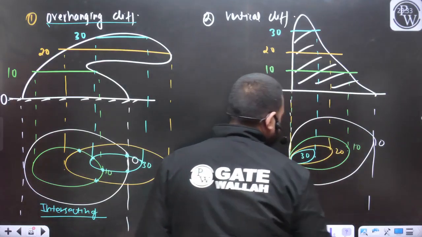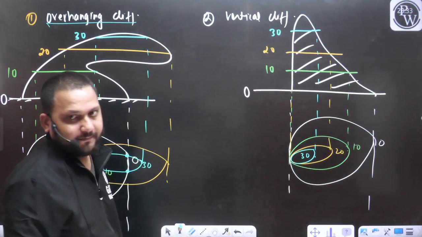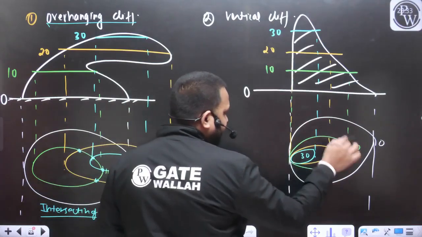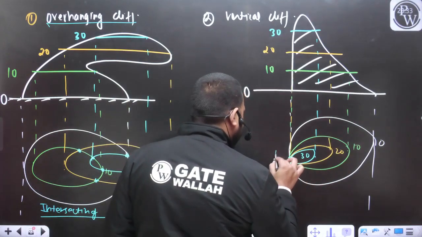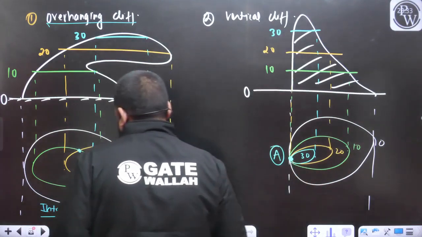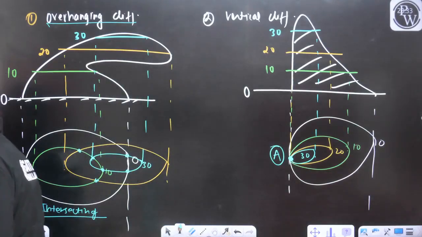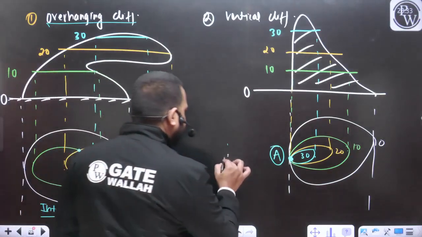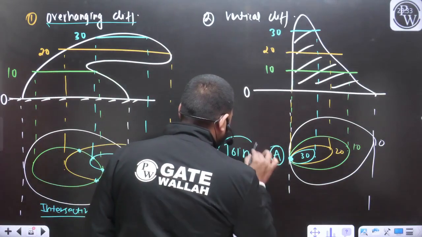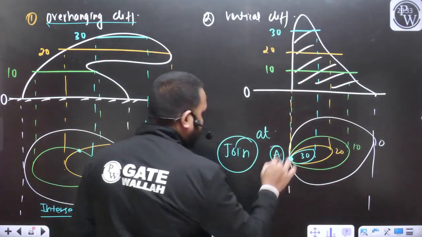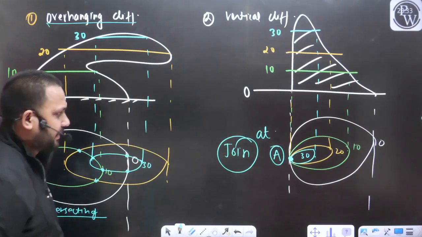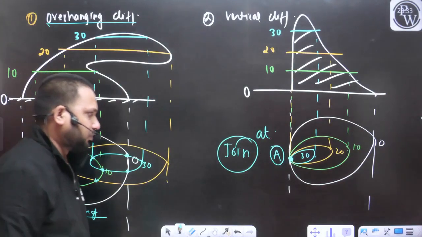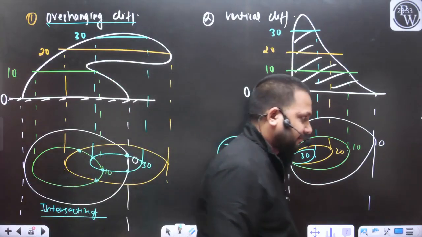Yes or no? Now what are you observing? All the different contours are meeting at the same point. All the contours join at point A, and all the contours have different values.